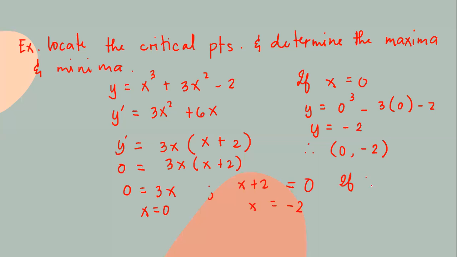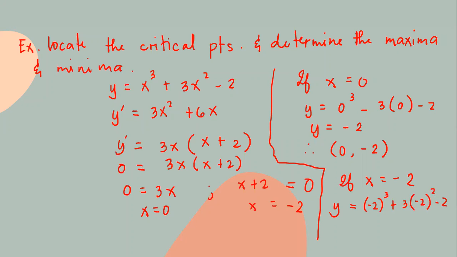If x is equal to negative 2, in the original equation again, your y is equal to negative 2 cubed plus 3 times negative 2 raised to the second power minus 2. What would be the value of your y? Negative 2 cubed is negative 8, plus 12, minus 2.